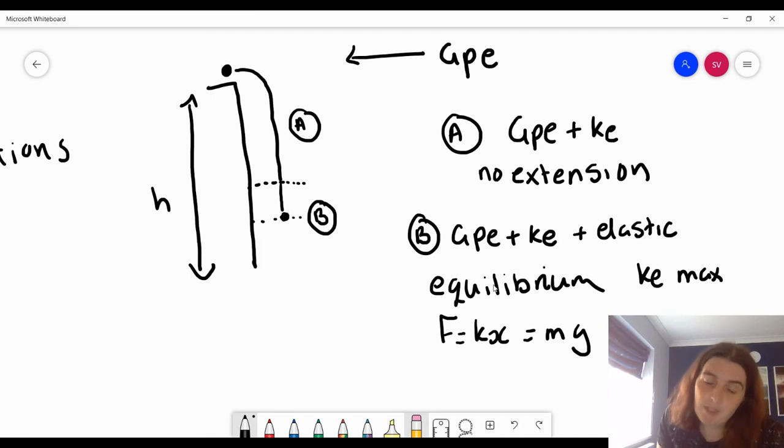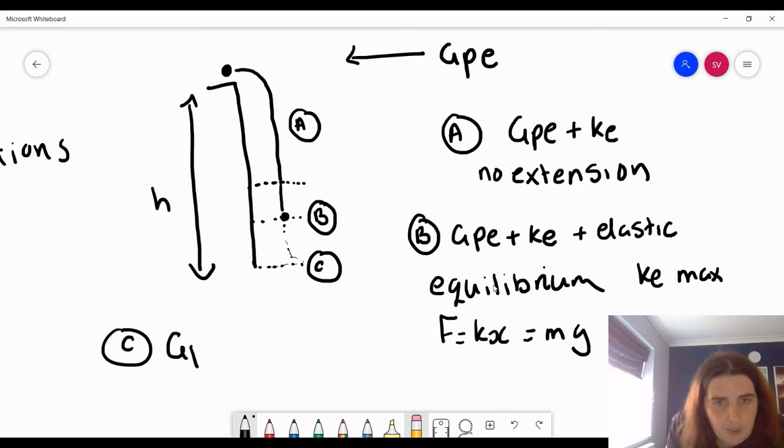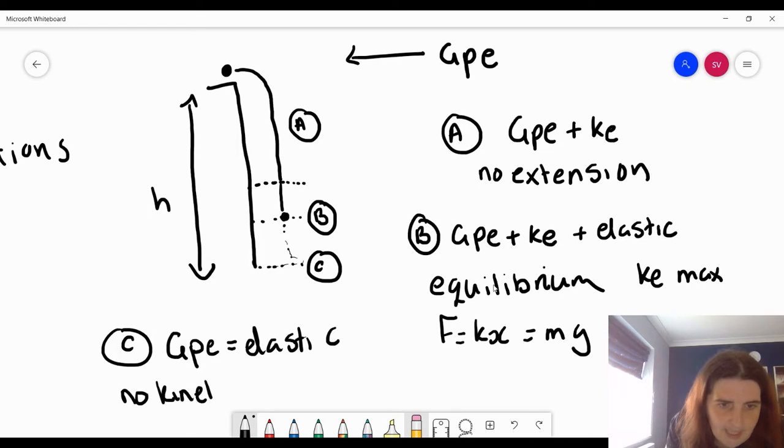What will happen is you'll start to slow down, and you get to this point C. After this, you keep on stretching and stretching until you get to C, where your GPE equals your elastic potential. So there is no kinetic energy here.